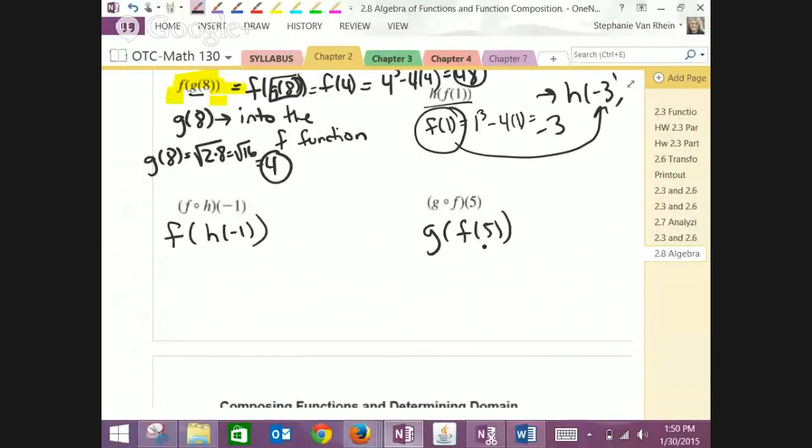Okay, so just a little bit on notation. It's not f of x. So h at minus 1, you got minus 3, right? Then you plug minus 3 into f. Actually, h of minus 1 should be 1.